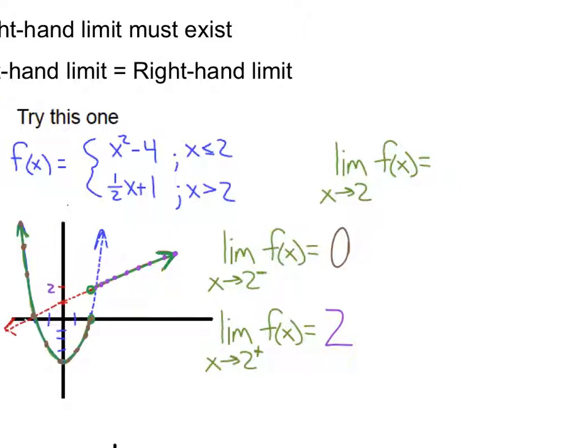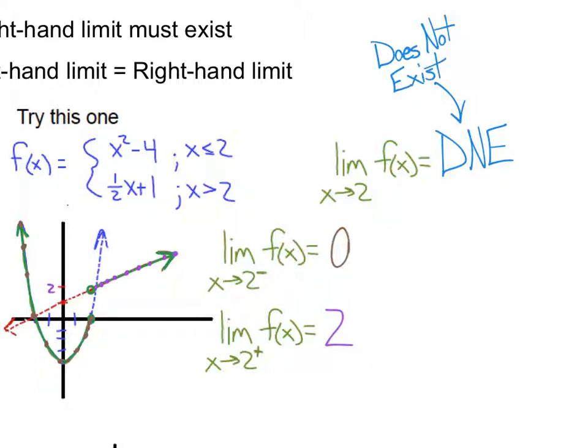Alright, so we would just put DNE, which means does not exist. I'm having a little trouble spelling today.